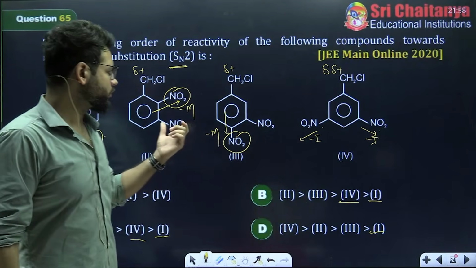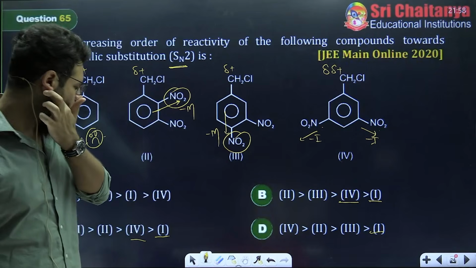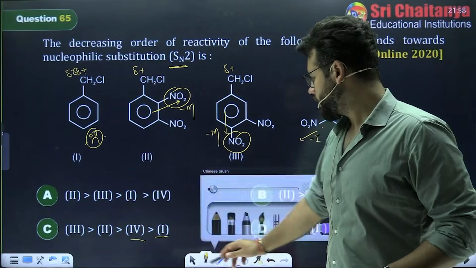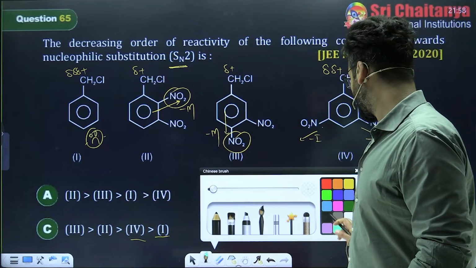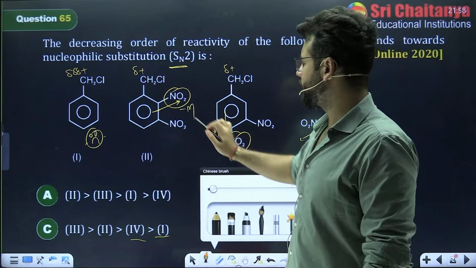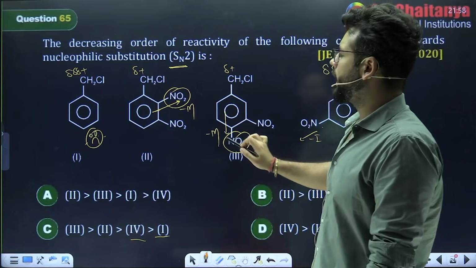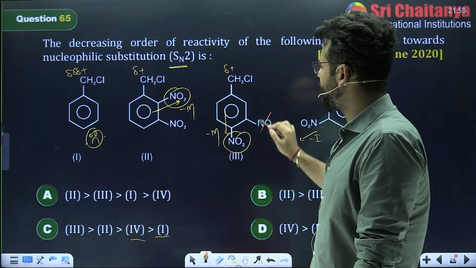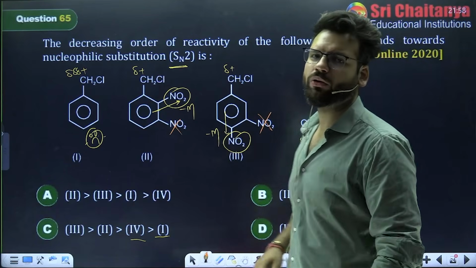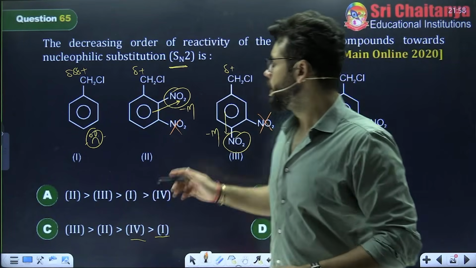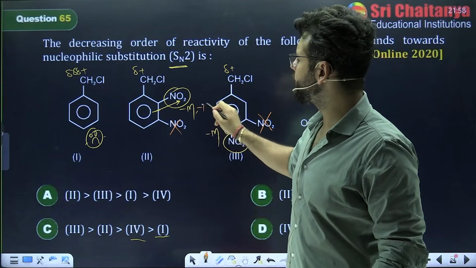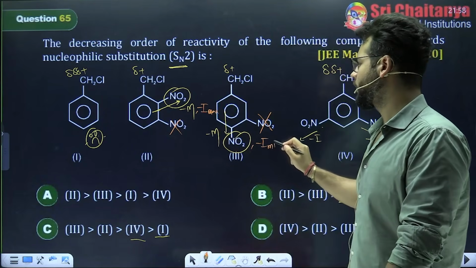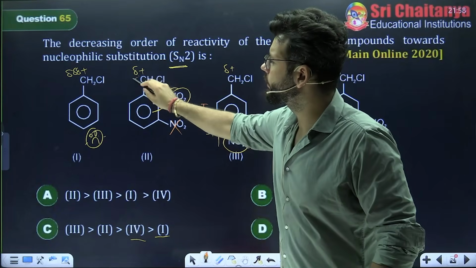Now coming to these two. We have got to 1 and 4th. Among these two, in this case, minus M effect is the same, and minus I effect is also the same for the meta one. I can neglect the meta position; whatever meta NO2 is there, it is doing the same thing on both sides. But this NO2 at the ortho position will apply some minus I as well, maximum minus I. Here minus I would be minimum, making it most positive and most reactive.